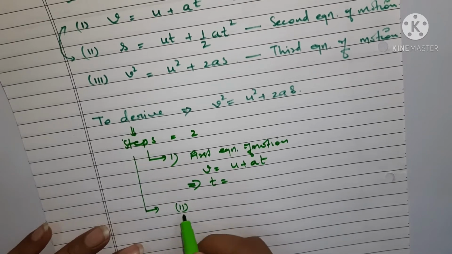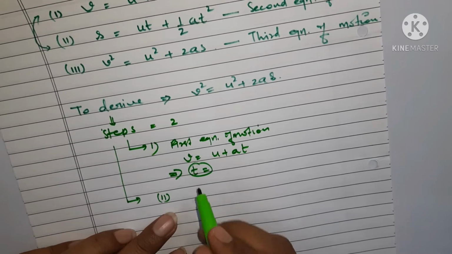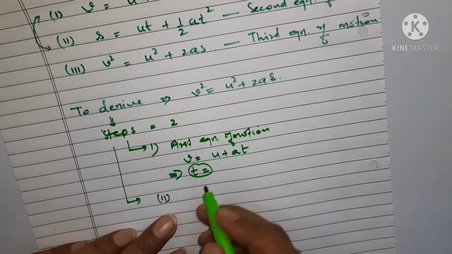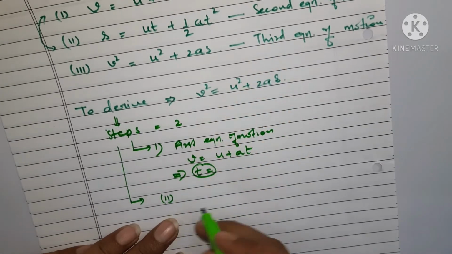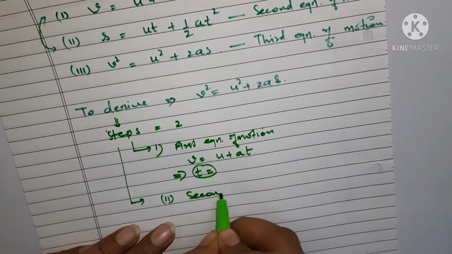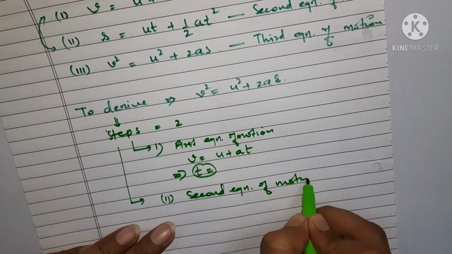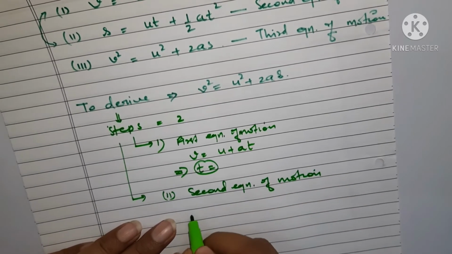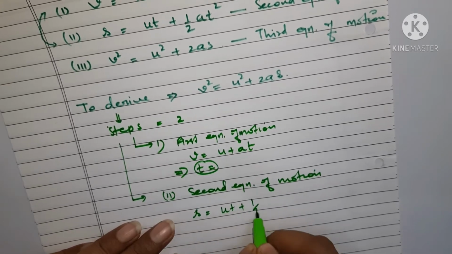In the second step you are going to substitute the value of t in the second equation of motion. What is your second equation of motion? It is s is equal to ut plus half at square.